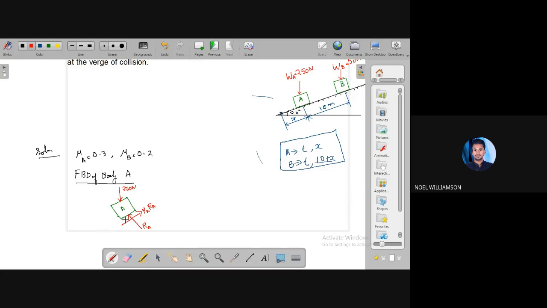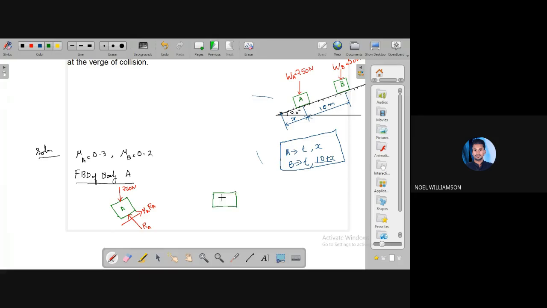Now we can take the x-axis along the inclined surface and y-axis towards its normal, and we can rewrite or tilt the figure in such a manner, for simplicity, like this.